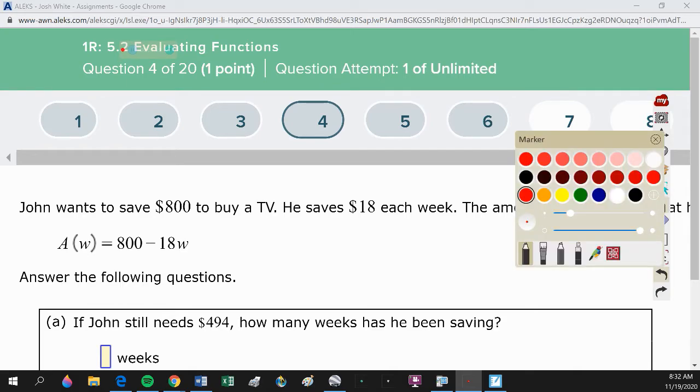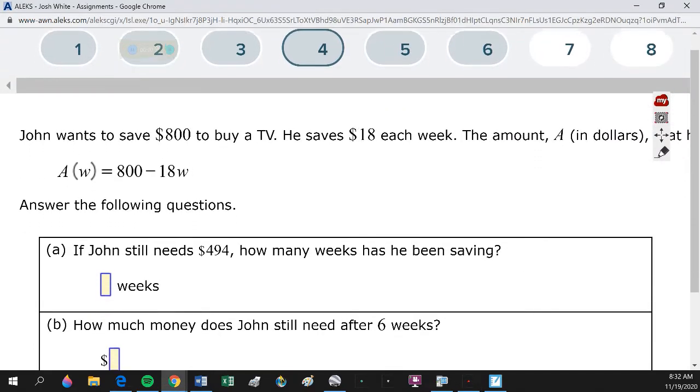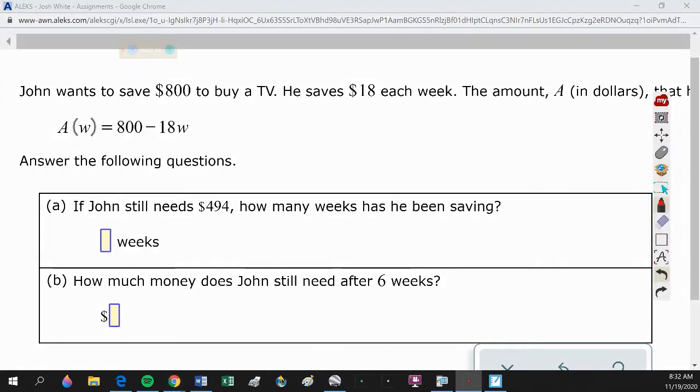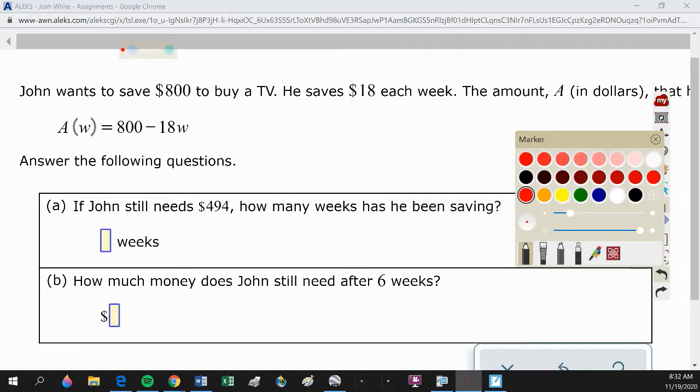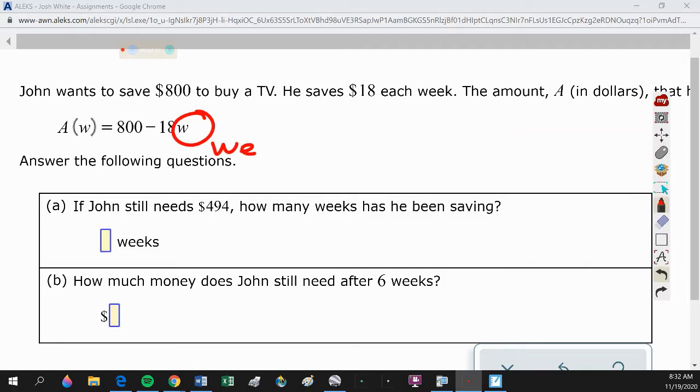Okay, so we need to be careful here. In this case, this is weeks, and this is the amount left.